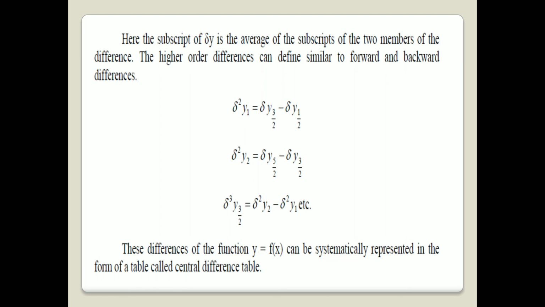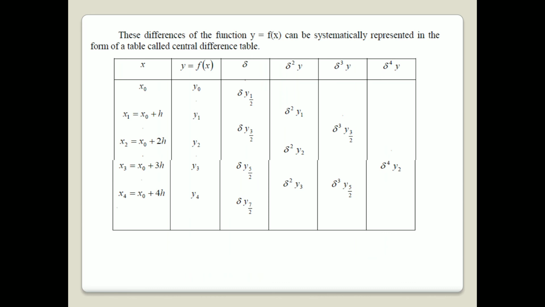These differences of the function y equal to f of x can be systematically represented in the form of a table called the central difference table. As we prepared the difference table for the forward and backward operators, we can easily prepare the difference table for the central difference operator. In the first column, we write the values of arguments.